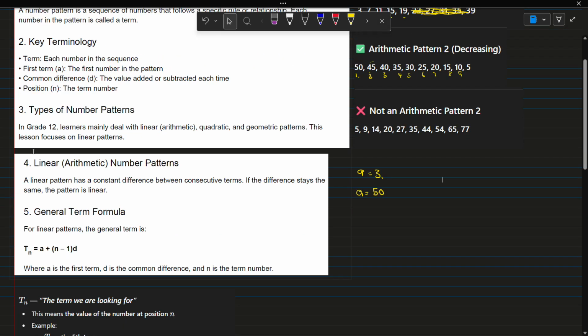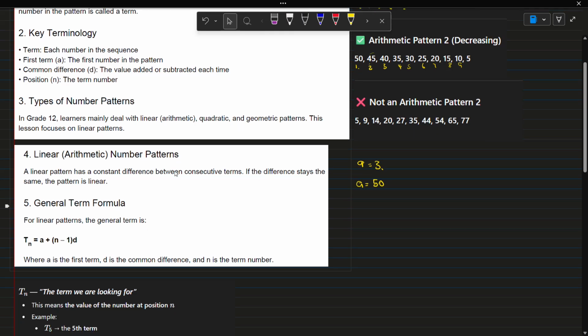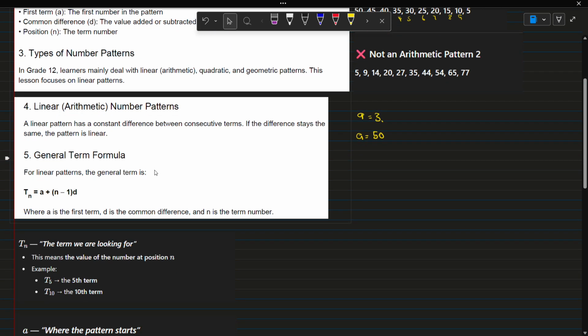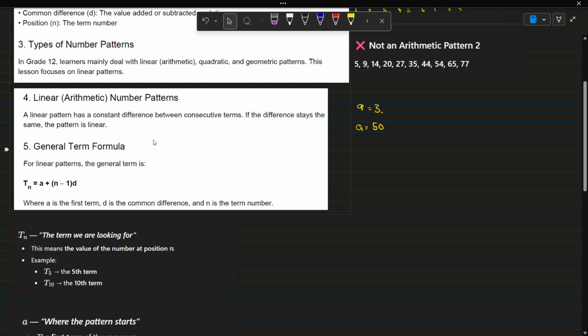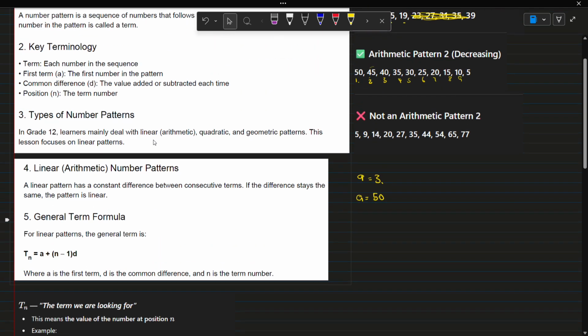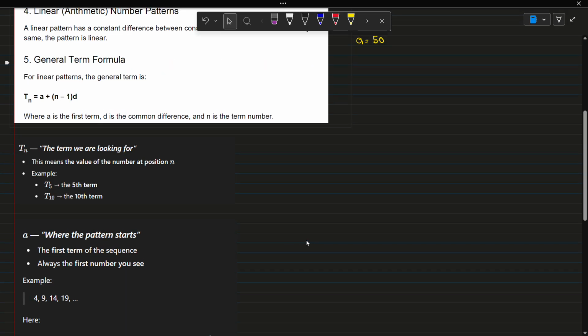In grade 12, we learn the linear pattern, the quadratic pattern, and the geometric pattern. But today's lesson just focuses on the linear pattern. How do we know if a pattern is linear, and not the other ones? If the difference is constant. Let's look at this pattern.